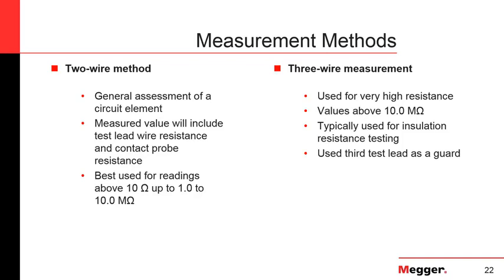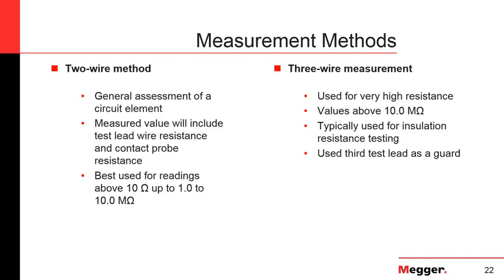Continuing with the measurement modes. I wanted to start this section with these two measurement methods that you have on your screen. The 2-wire and 3-wire methods are not meant for making low resistance measurements. But I wanted you to have this in mind so you can identify them, and any day you see a tester with either 2 wires or 3 wires, you will know that those testers are not meant for taking low resistance measurements.